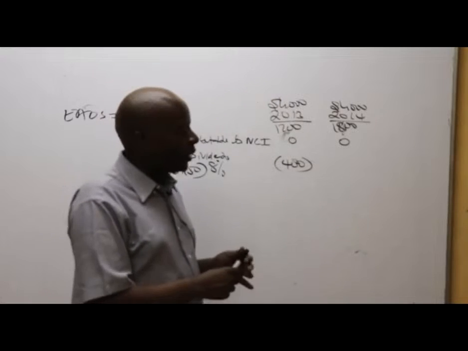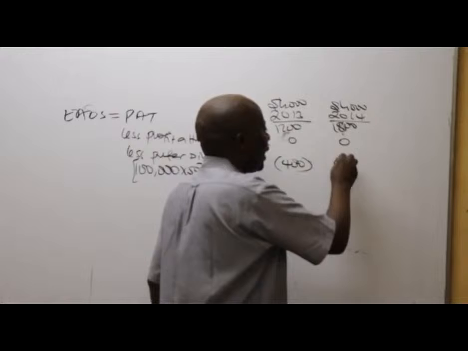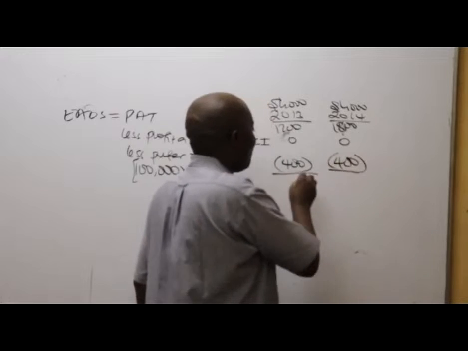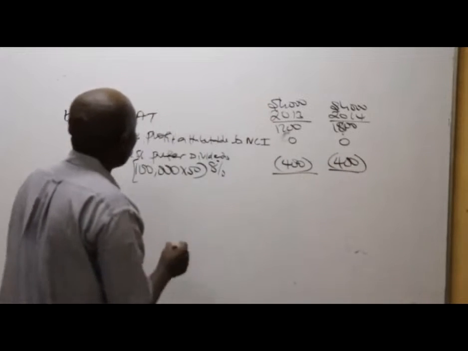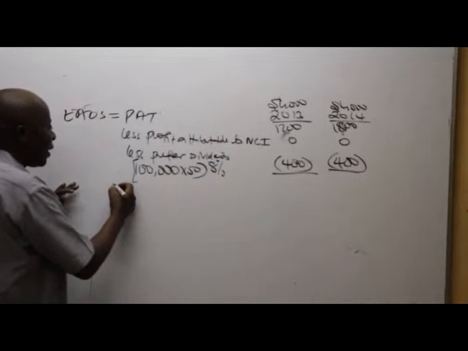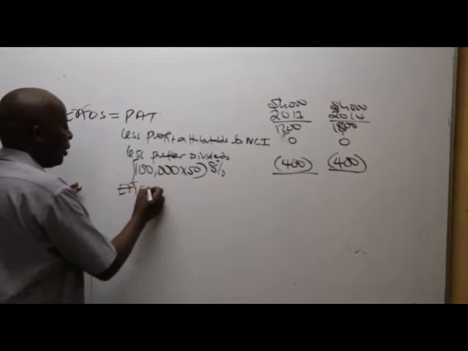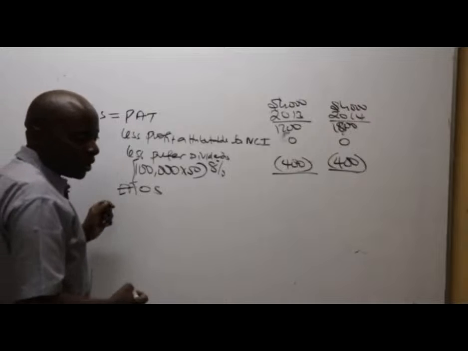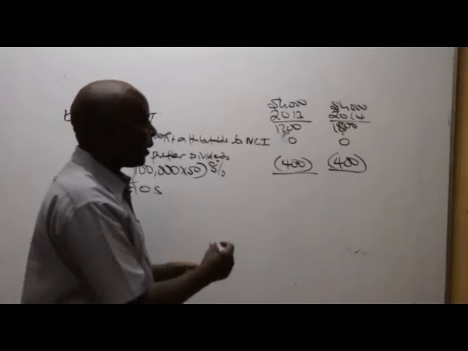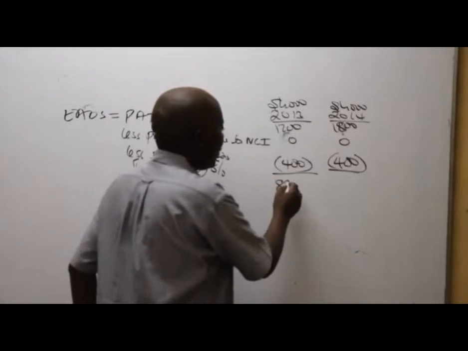So in this case here, we have 400 outstanding. Please subtract to give us the earnings attributable to ordinary shareholders. This one I'm pretty much aware that it's 800, right?